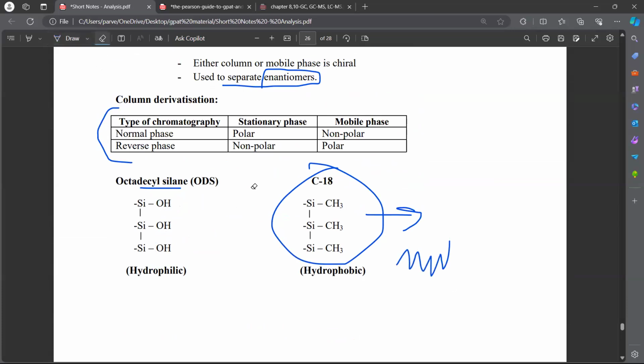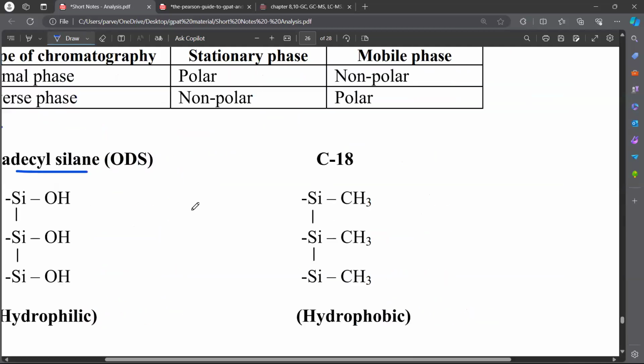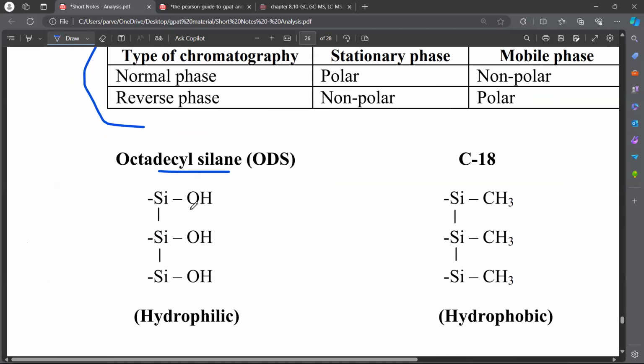What is end capping? I will explain it, guys. Do you know the phenomenon of end capping? What basically happens in end capping is, for example, I have chosen an octadecyl silane.